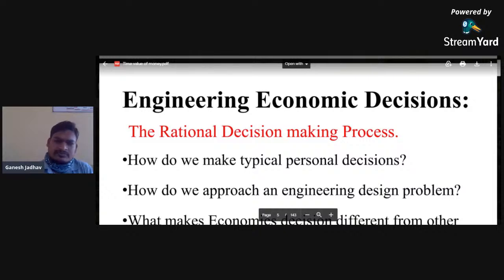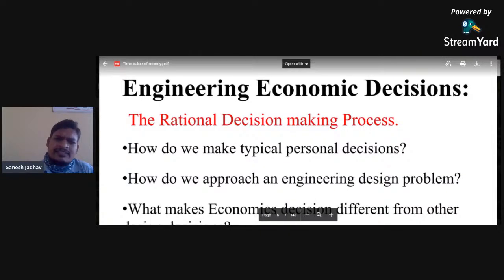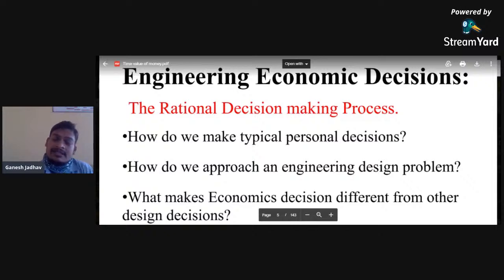In this step we have to see how we make a typical personal decision. The second problem is how we approach an engineering decision problem.